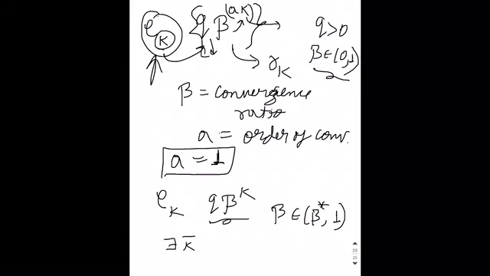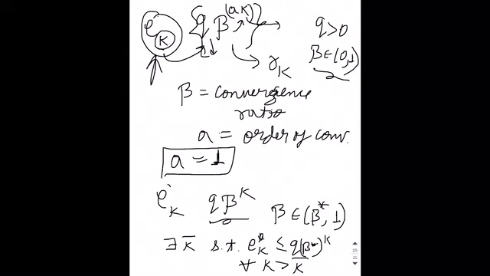That is, there exists k bar such that e_k is less than or equal to q beta star to the power k for all k greater than k bar.